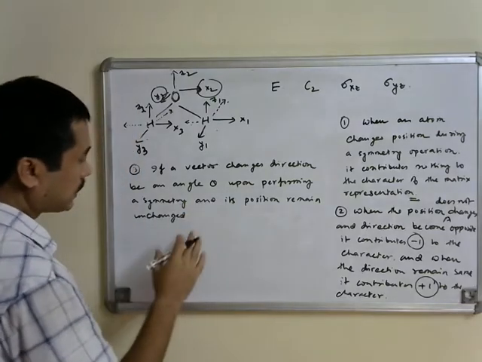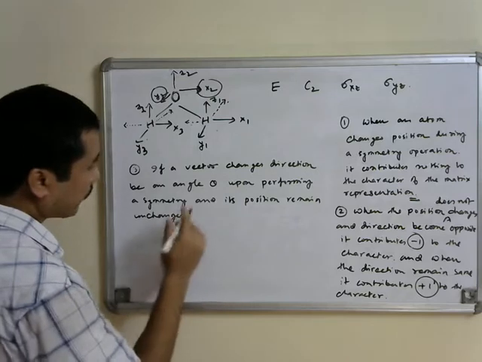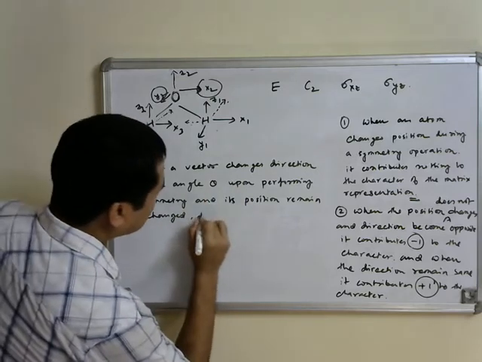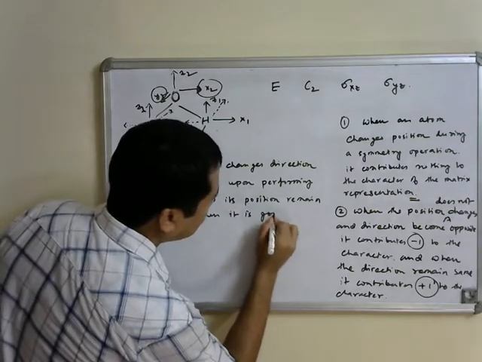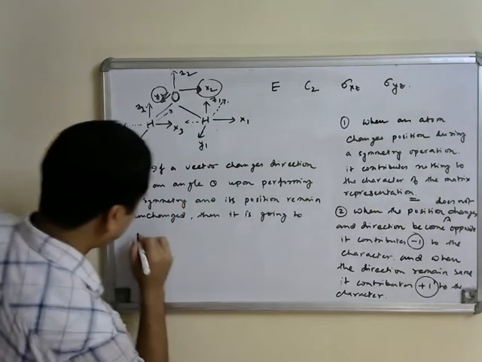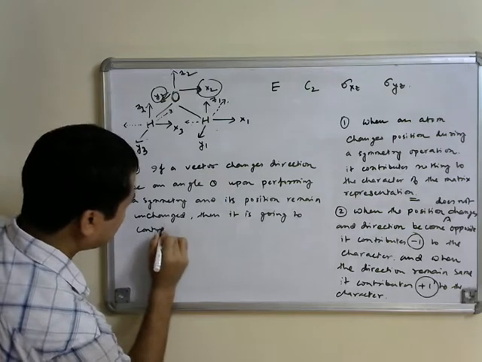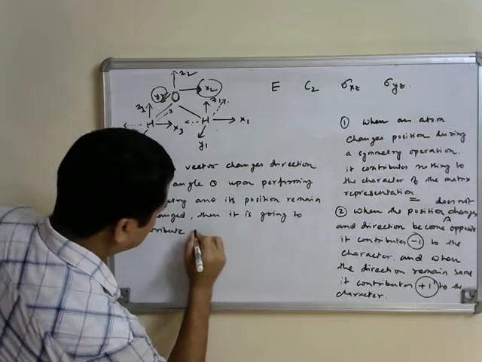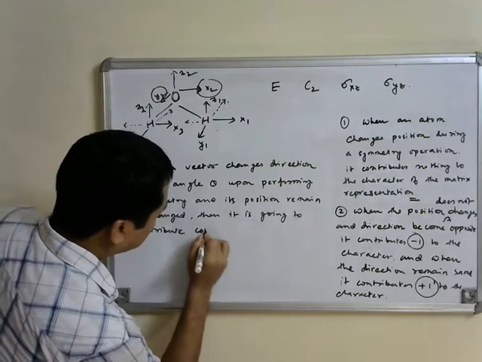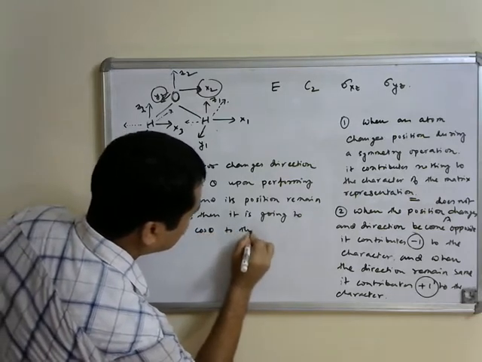So if the direction changes by an angle theta and the position remains unchanged, then it is going to contribute cos theta to the character.